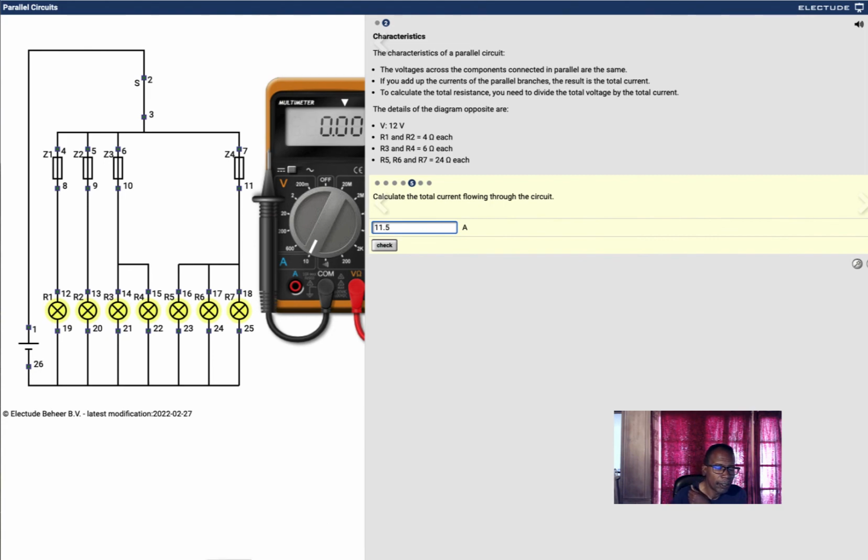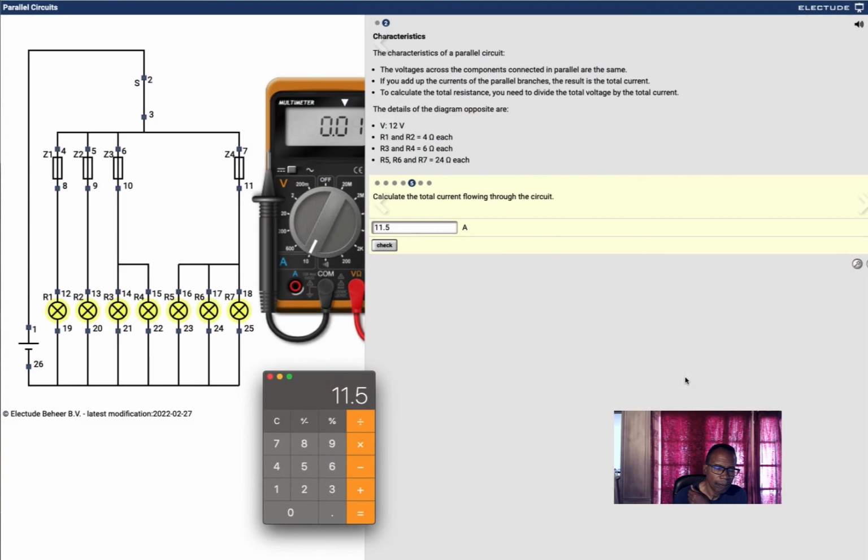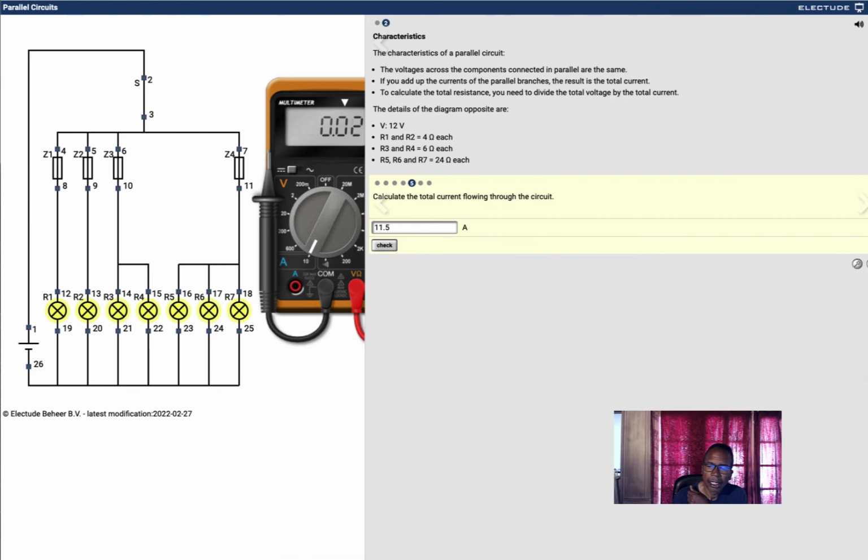And remember, all we did was treat each leg as an individual series circuit, even though it's parallel. We calculated the current through each one as individual circuits by using the ohms they gave me up here.